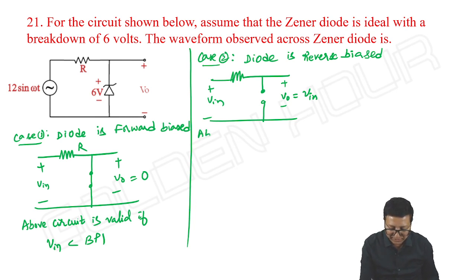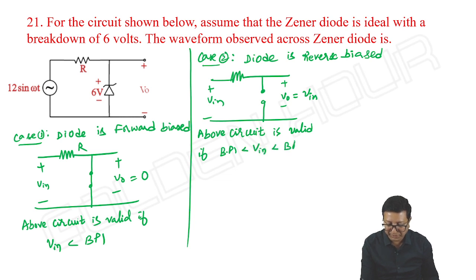Above circuit is valid if breakpoint 1 is less than V input, which is less than breakpoint 2. Input is positive and less than the breakdown voltage of the Zener diode. Then we can take it. So next, case 3.